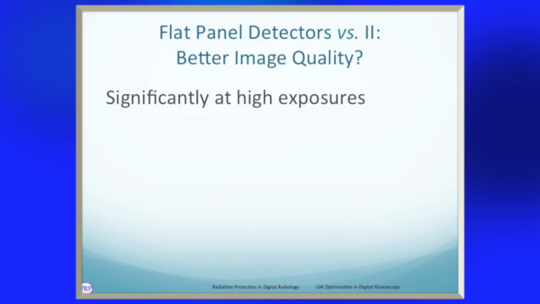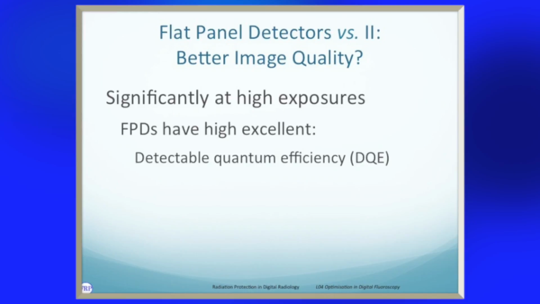So they are much better at significantly high exposures, which is why you do see them in the interventional and the cardiac cath suites. They have excellent detective quantum efficiency, which basically, to keep it simple, just means that when the X-ray comes in from the patient carrying the information, they're very efficient at changing that into electrical information for your image.